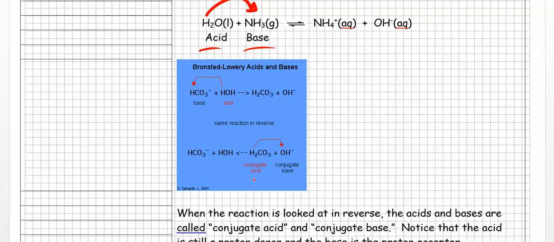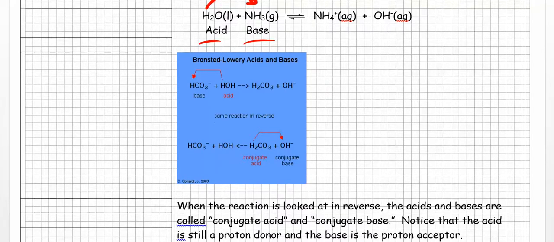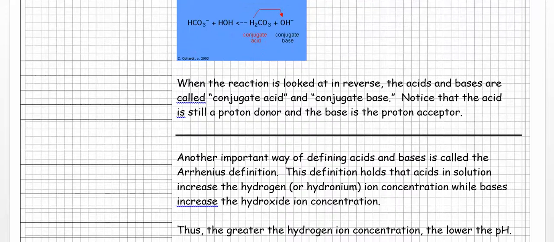We call it an acid, but because it's on the right-hand side, we call it the conjugate acid. Conjugate acid. And likewise, it gave it up to who? OH minus, because it's H2O over here, or HOH. So it is the conjugate base going the other way. All right? So we've got acids, bases, conjugate acids, and conjugate bases.